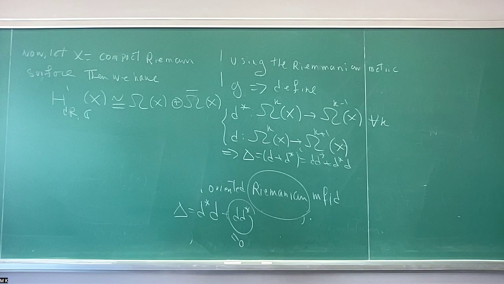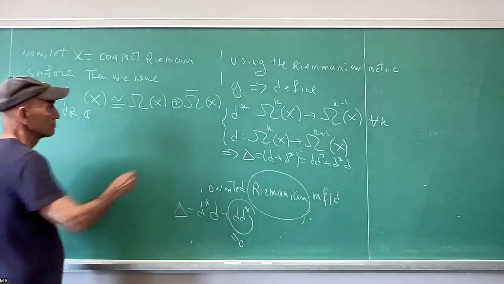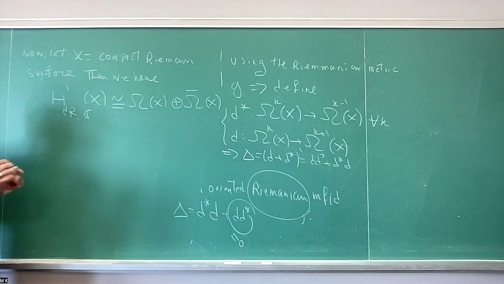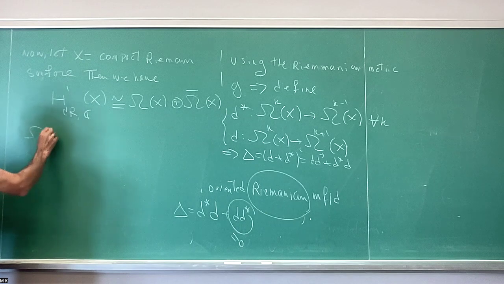So you can argue like this: by the general result for conformal structure I told you, there exists a unique conformal equivalence class of Riemannian metrics that gives you that complex structure. So you have to be careful about that, or we can avoid using Hodge theory and just cite this result.